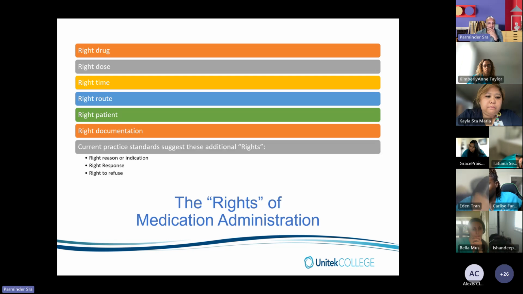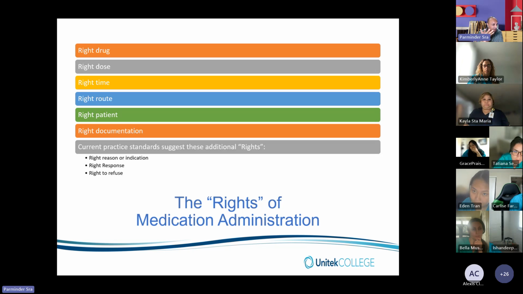Then the right route. Now drugs come in tablets, capsules, enteric coated, sustained release, topical ointment, cream, injectable, IV, all kinds of forms. We cannot tell the patient to open their mouth so we can push the syringe, that IV, into their mouth, right?